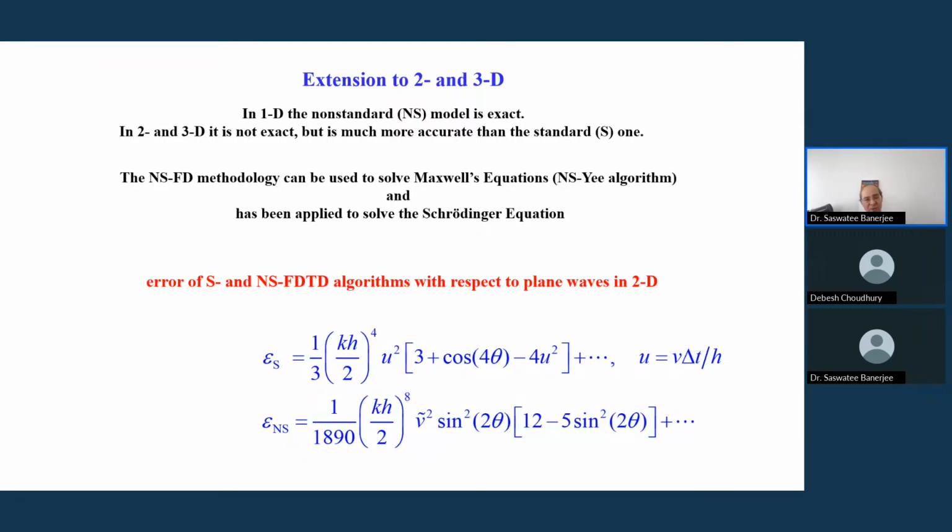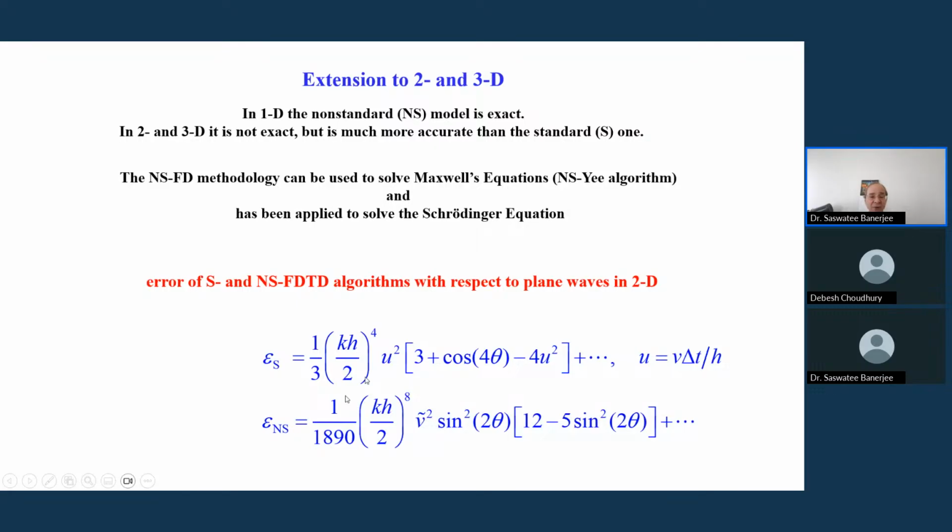So it's the space step to the wavelength to the 4th power. This is the space step to the wavelength to the 8th power. And of course, the ratio of space step to wavelength is always less than 1. It's usually at least 1 over 8, but more likely a little bit larger, in this case, 1 over about 64.